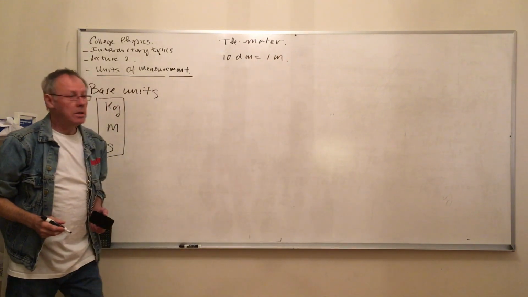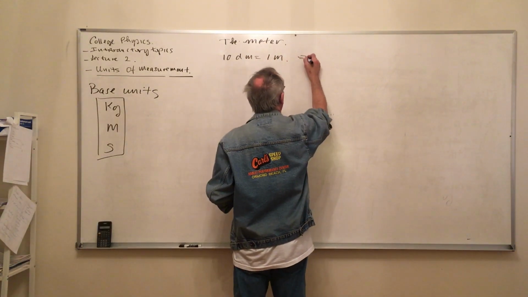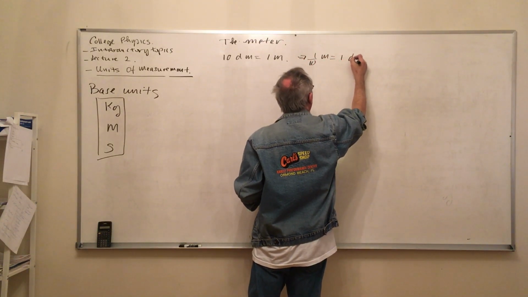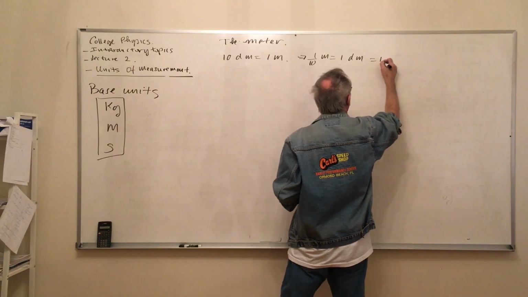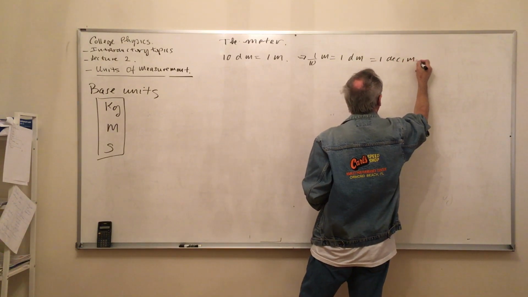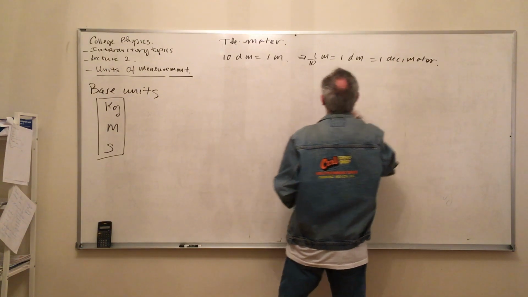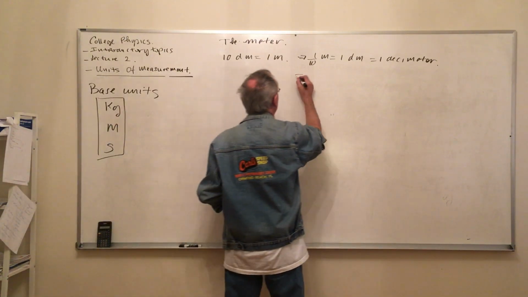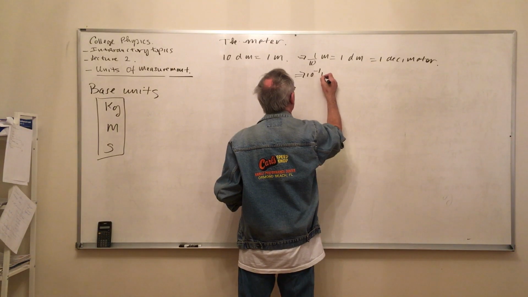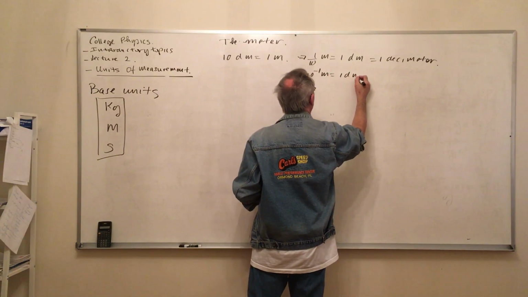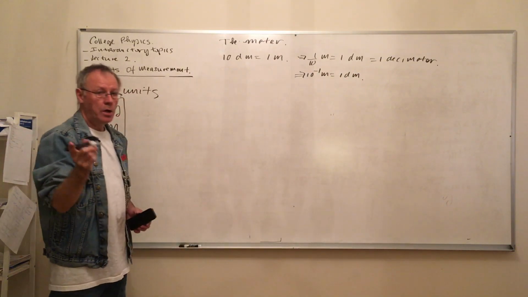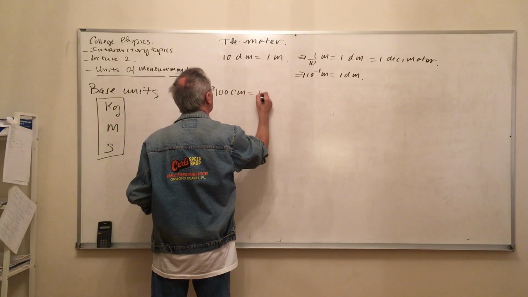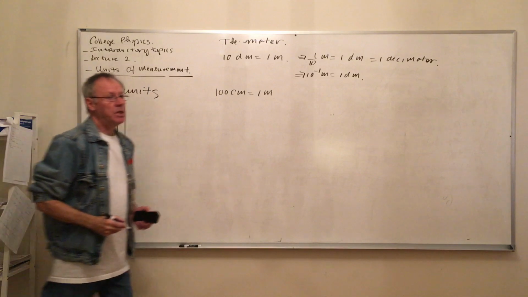Ten decimeters is 1 meter. So 1/10 of a meter is 1 decimeter. We can write this like this. 1/10 of a meter. 1/100th of a meter. 100 centimeters is 1 meter.